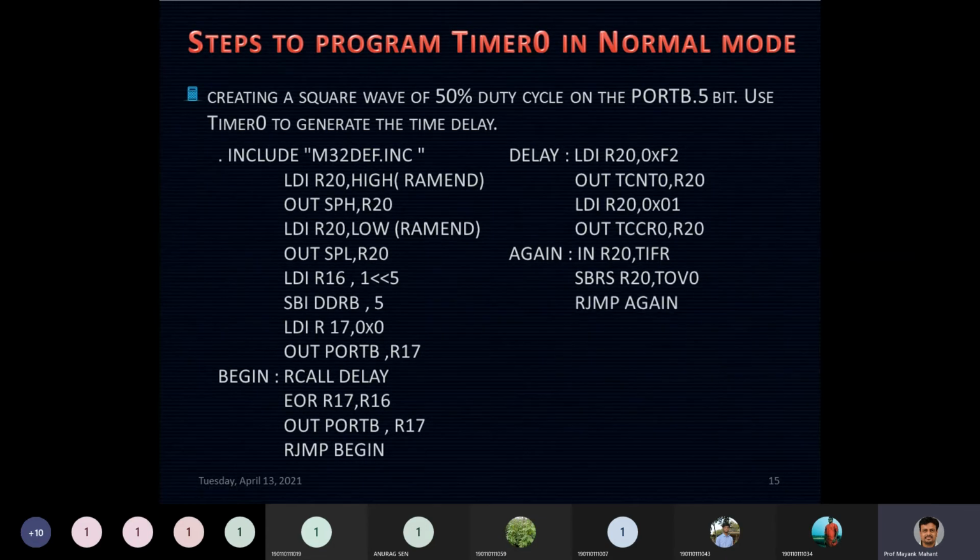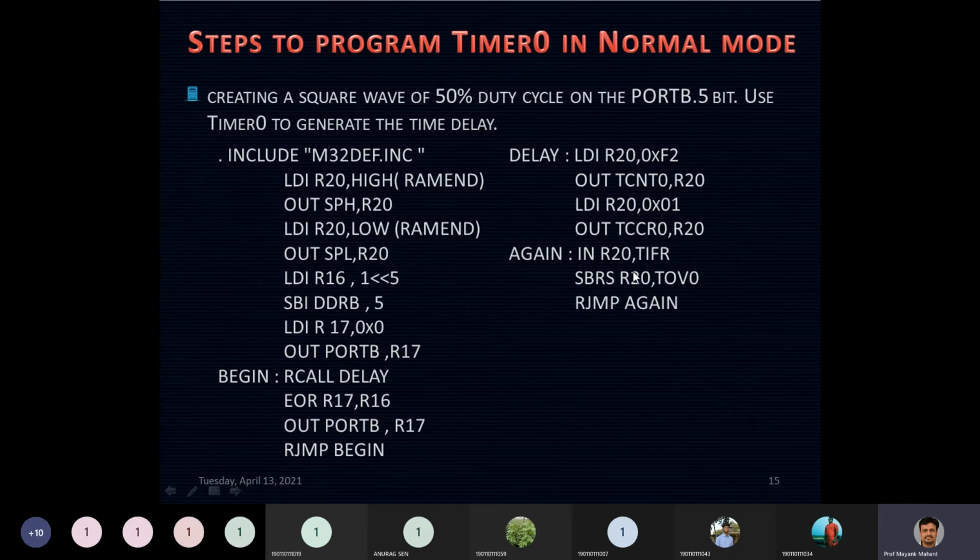And the next instruction is RJMP. So these three lines of code will be continuously monitoring our TOV flag, and as soon as the TOV flag is raised, the next instruction just below this would be skipped.